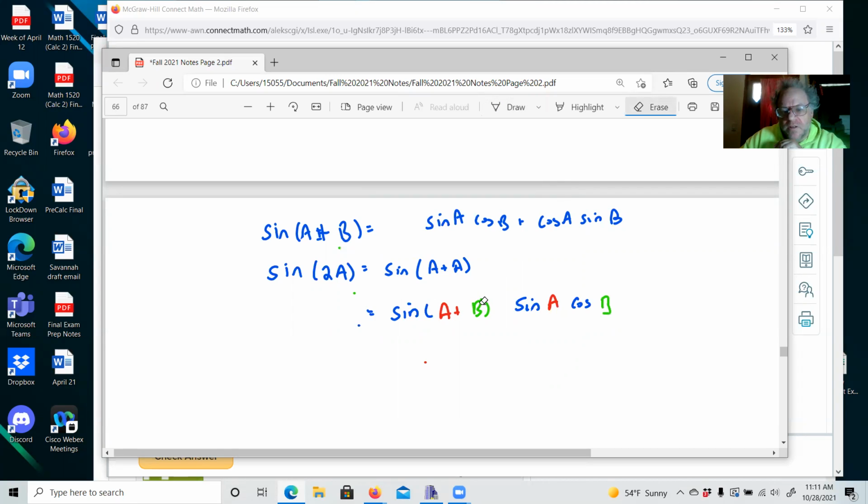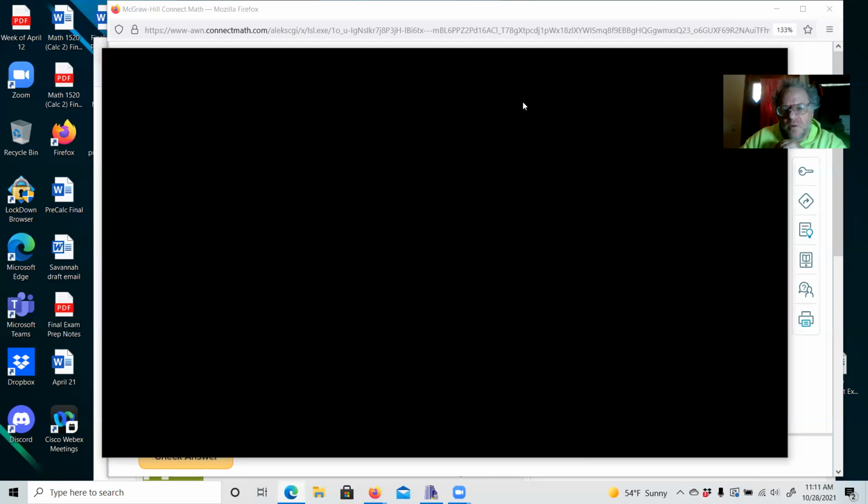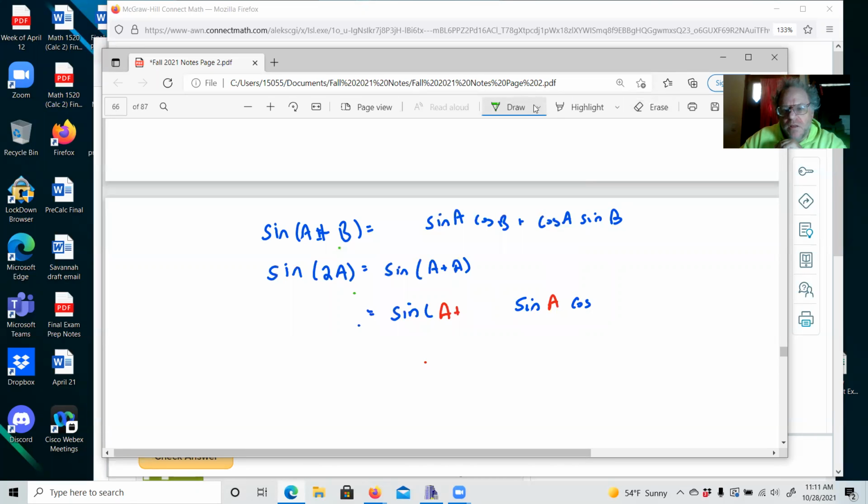So while they're doing the colors, I didn't realize what the colors were for. So this is cosine of this A. Okay, so we have a red A, we have a blue green A. Okay, so this is cosine of this A plus, and then look at this, we've got a cosine of the first one.